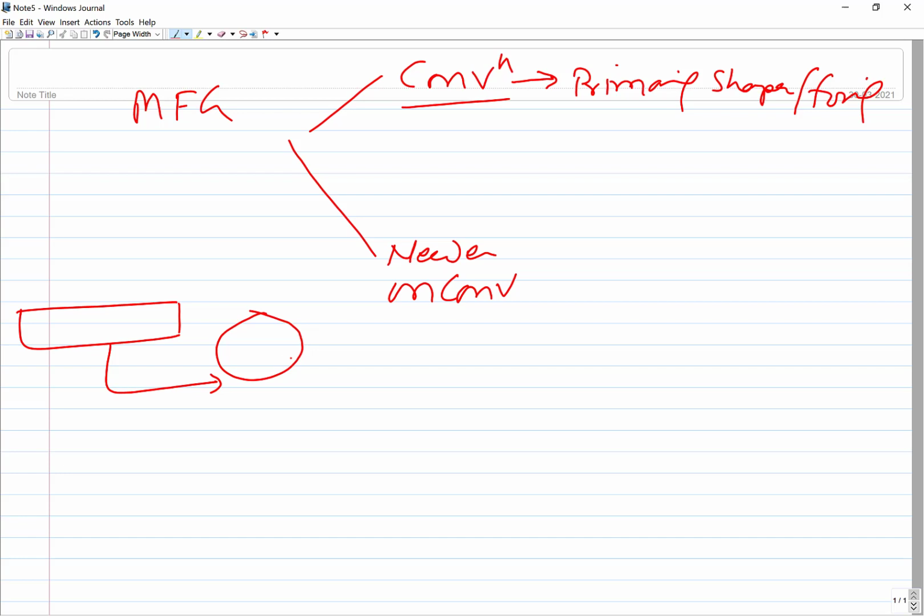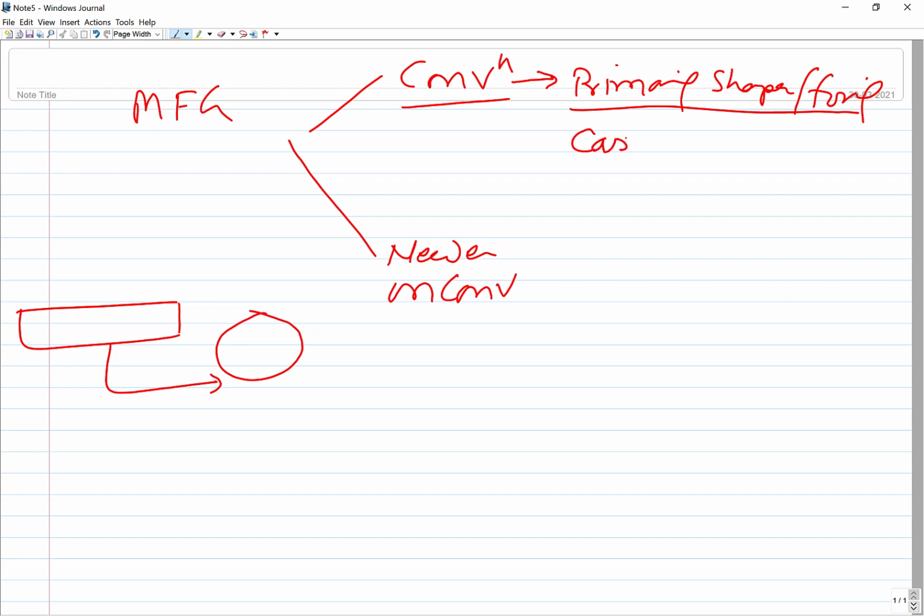It may not be of exact size and shape, but you reach close to what you want. So primary shaping or forming is one type of process, and for this, raw material of any shape can be brought into a shape close to the desired shape. The primary shaping or forming is realized through these three processes.